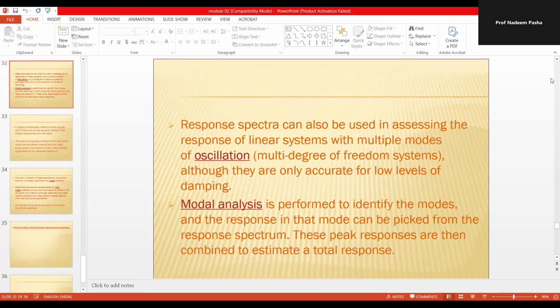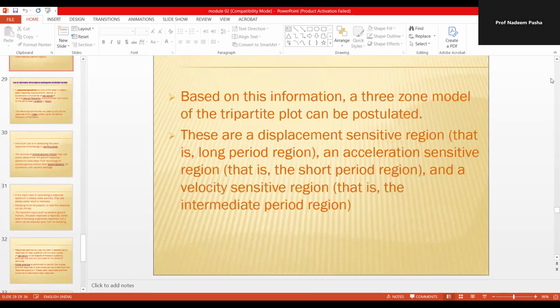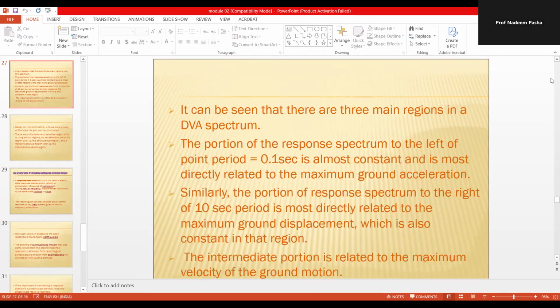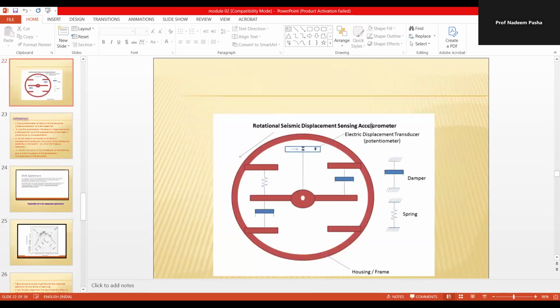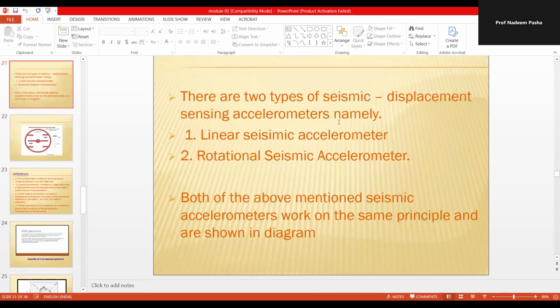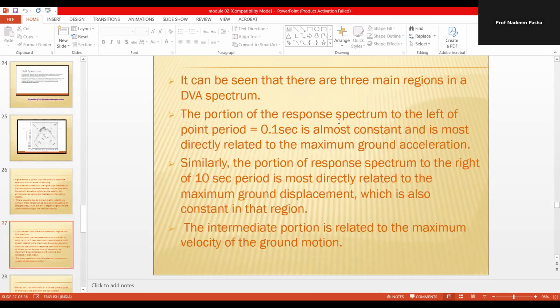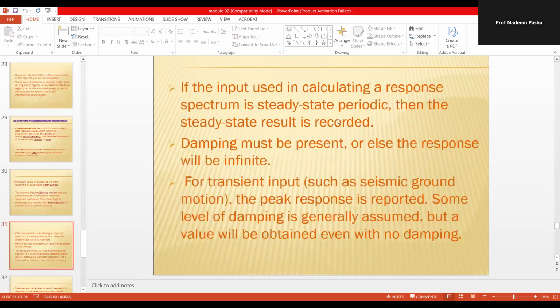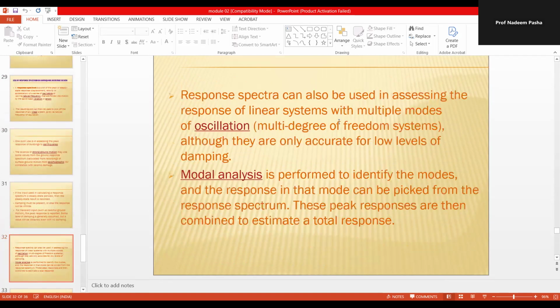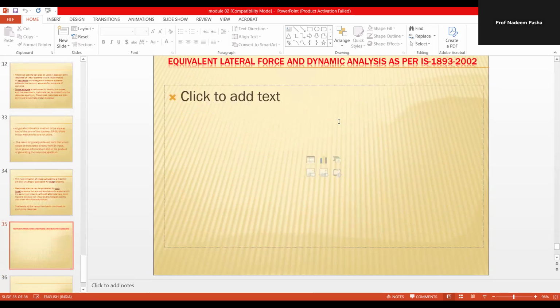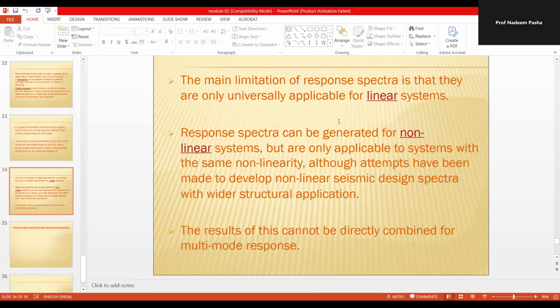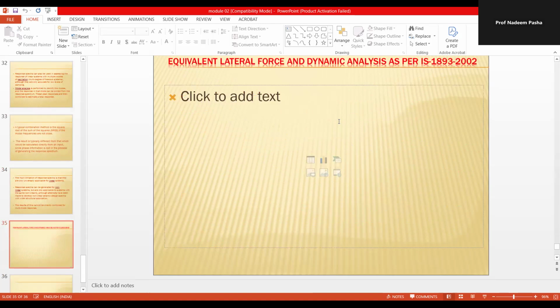I will just recall the things for you. Apart from the response spectrum method, the time history method is also there.